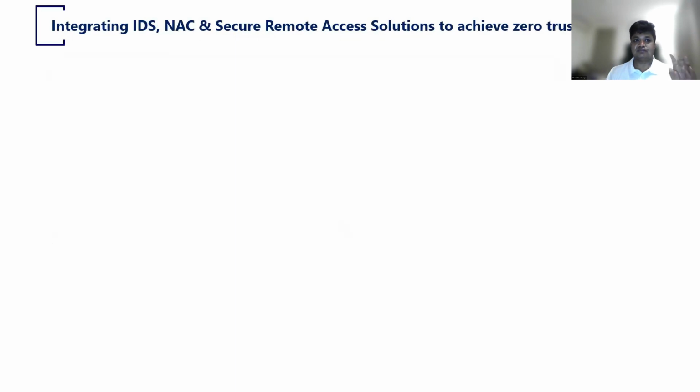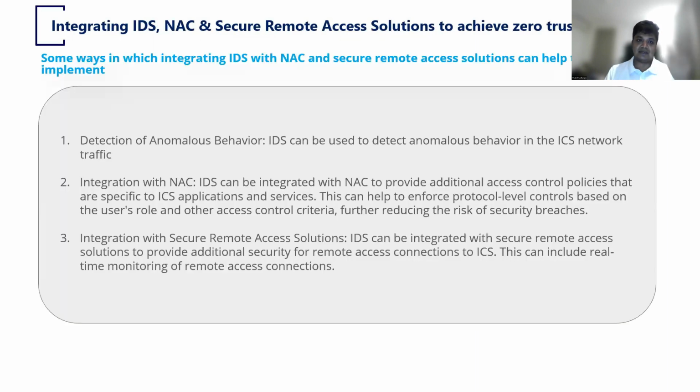And then the magic happens when you integrate the IDS, the NAC, and the SRA together. Some ways, like I mentioned on the previous slide, are detection of anomalous behavior. So the IDS can detect any kind of anomalous behavior.